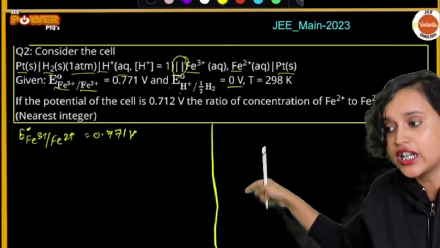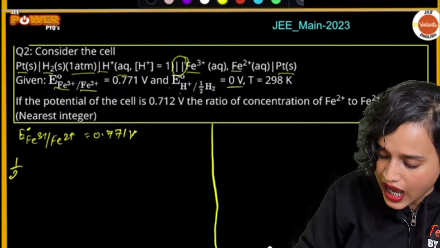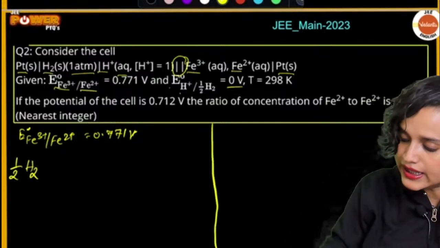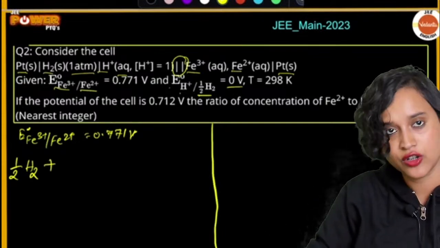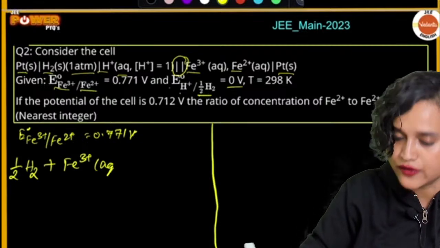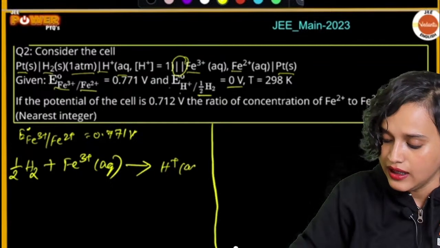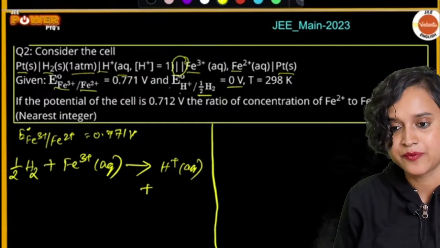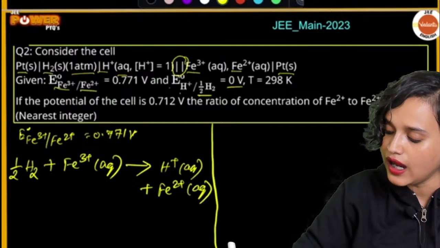If you do not pay attention, you're going to miss out on it. So you will have half H2 plus Fe3 plus aqueous forming H plus aqueous plus Fe2 plus aqueous.